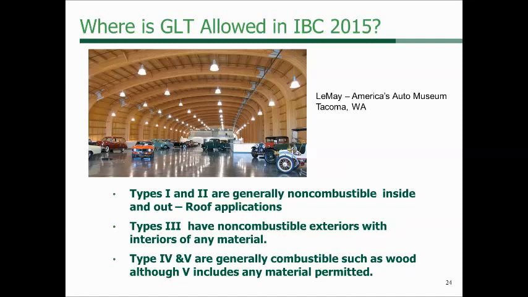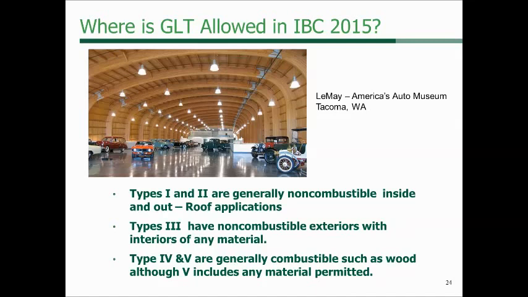And then type 3 is a little bit of both. You have a non-combustible exterior, and then the interior is any acceptable material in the code, which includes wood, obviously. But it also allows the use of fire retardant treated wood in the non-combustible exterior walls.